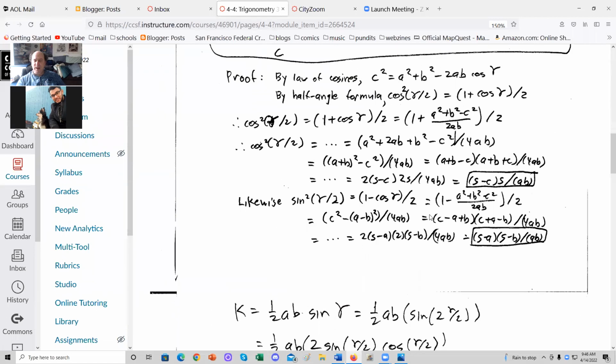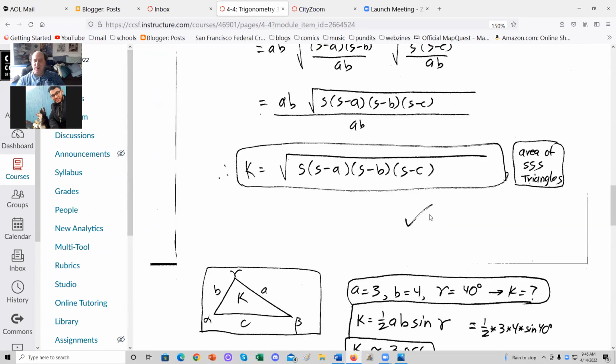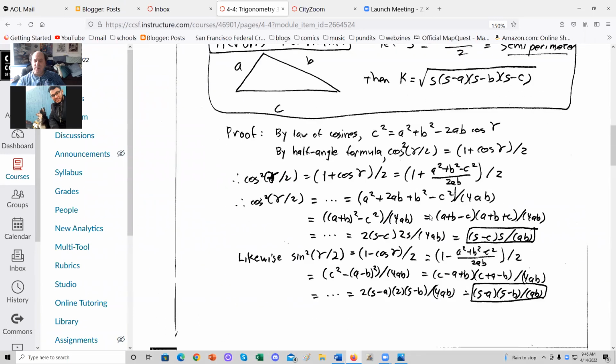All right, we're going to go through a couple of pages of derivation. So here we go. We start with the law of cosines. C squared equals A squared plus B squared minus 2AB cos gamma. Now, there's a formula, the half angle formula, which says that the square of cosine gamma over 2 is 1 plus cos gamma divided by 2.